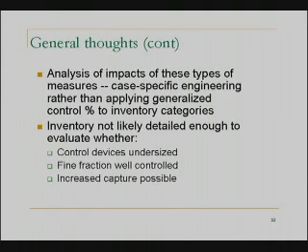I think it's a little more complex when you're dealing with direct PM for the types of things I just described. An emissions inventory is likely not detailed enough to evaluate whether, for example, a control device is undersized, whether the fine fraction could be controlled better with equipment upgrades, or whether the plant has a configuration that would allow for increased capture of pollutants.